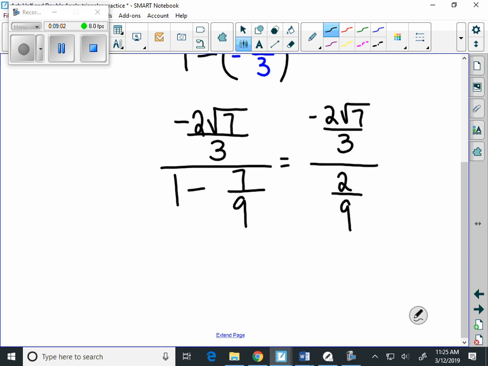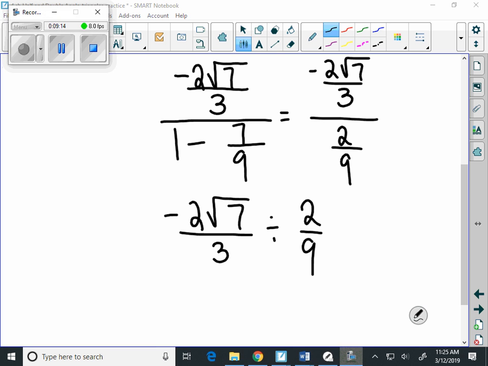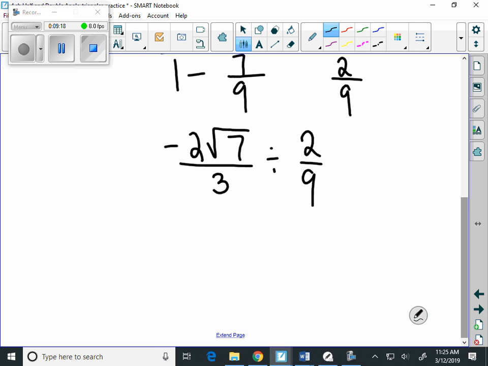And then I'm going to go old school. What that means is, I'm going to rewrite this as negative 2 square root of 7/3 divided by 2/9. When dividing, don't ask why, flip the second one and multiply. And now we're going to multiply the tops together, and we're going to multiply the bottoms together.